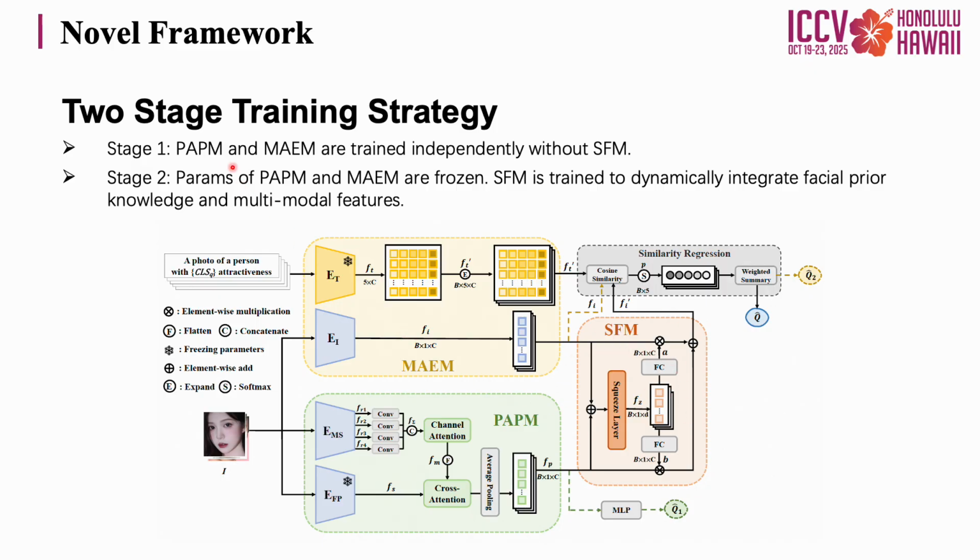In the first stage, PAPM and MAEM are trained independently without SFM. In the second stage, parameters of PAPM and MAEM are frozen. SFM is trained to dynamically integrate facial prior knowledge and multimodal features.